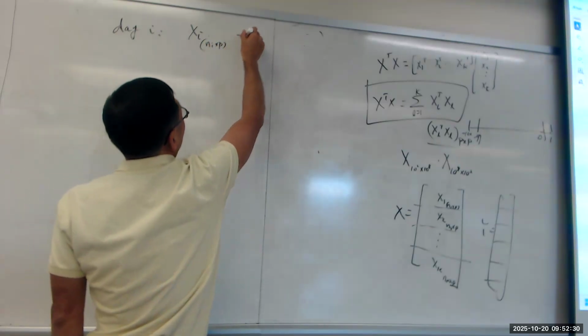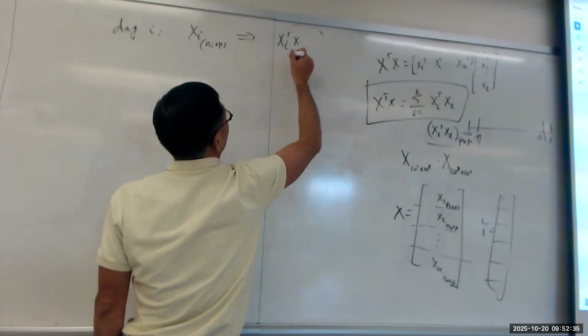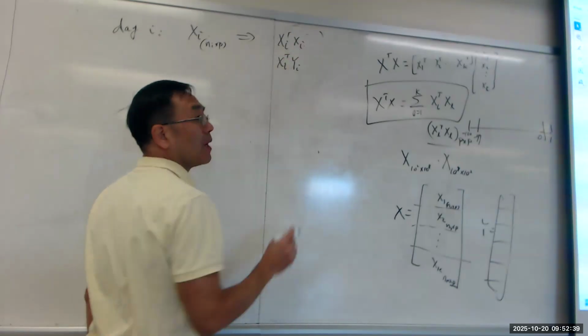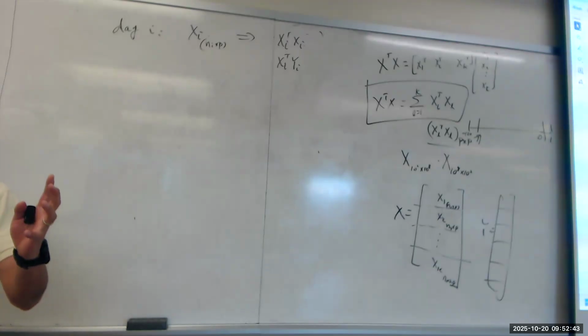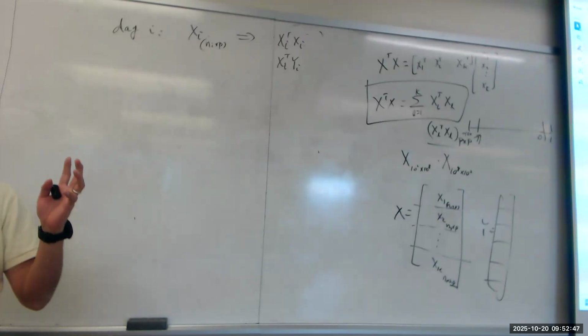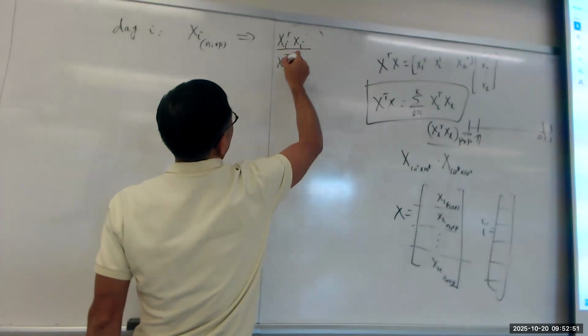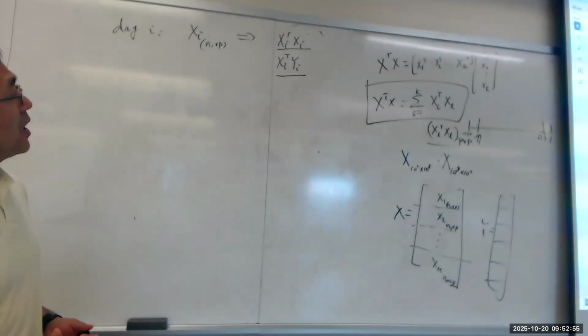You can compute Xi transpose Xi and also Xi transpose y, and just store these matrices. So you compress each day of information into Xi transpose Xi and Xi transpose y.